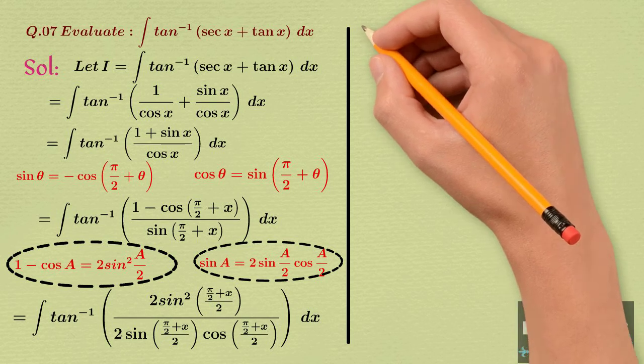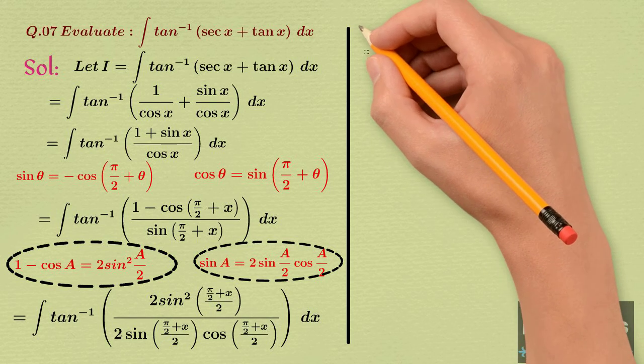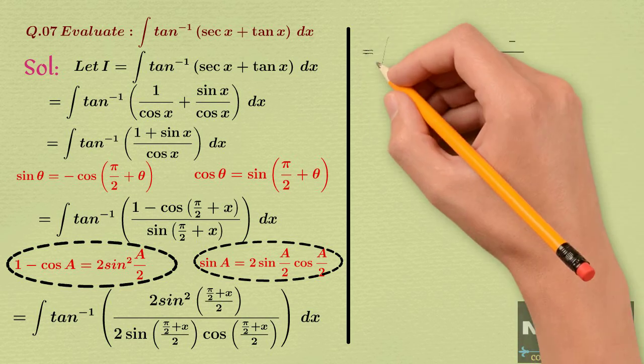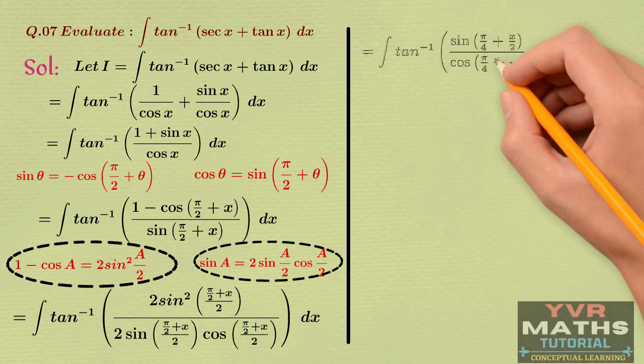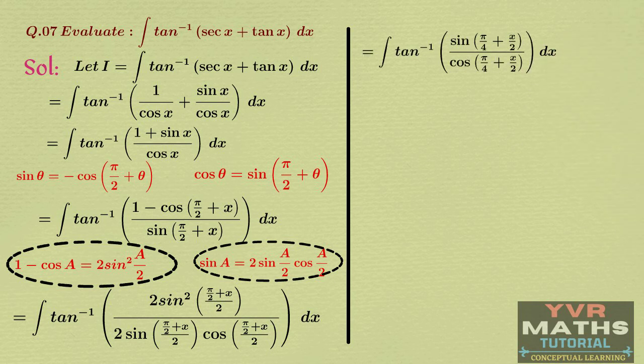Then the remaining part is, see in the next step, integral tan inverse on numerator sin pi by 4 plus x by 2 by cos pi by 4 plus x by 2 dx. How did you get pi by 4 plus x by 2 here? If you split the terms, then you will get pi by 2, pi by 4 plus x by 2, then x by 2.